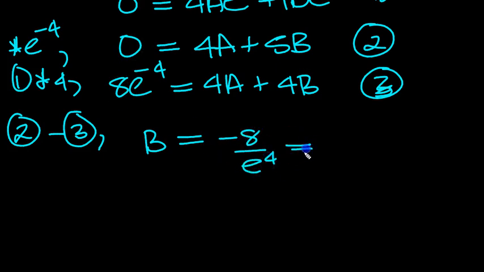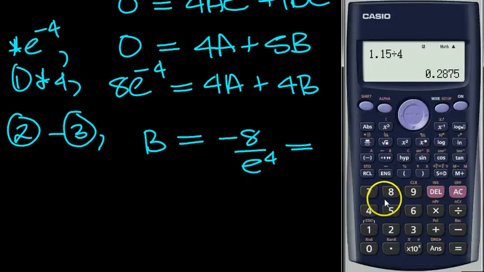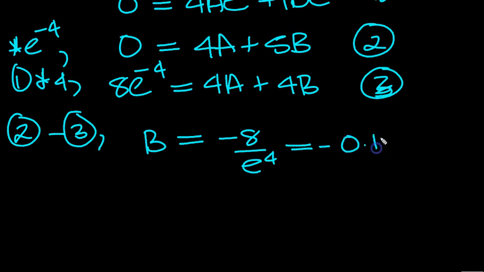Let's tap that in a calculator then. Minus 8 times e to the power minus 4. That's good enough. So minus 8 e to the minus 4 equals minus 0.15, because the 6 rounds the 4 up to a 5. So it's minus 0.15. That's b.